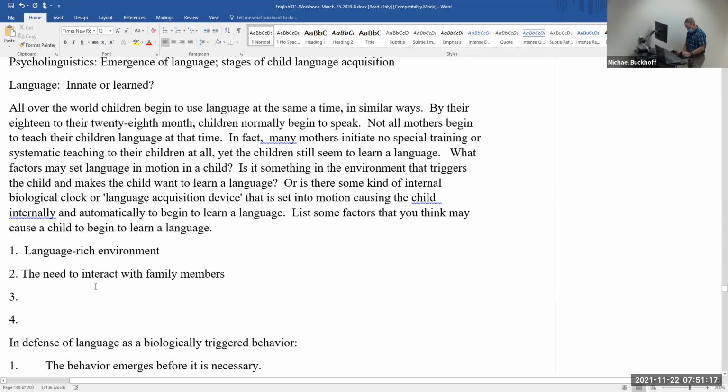Okay. Let's get one more and then we'll move on. So far: a language-rich environment, the need to interact with family members, the desire to communicate their needs, a diaper needs to be changed, the child is hungry. So they're trying to get across these things.